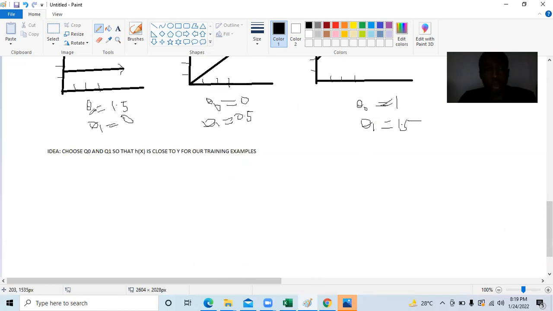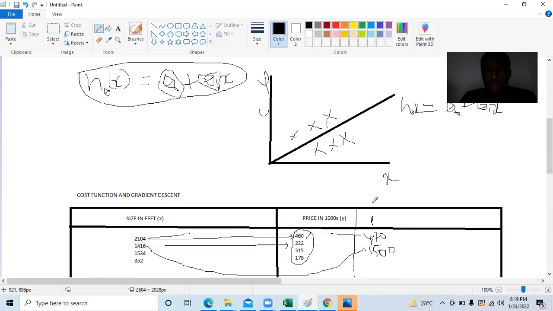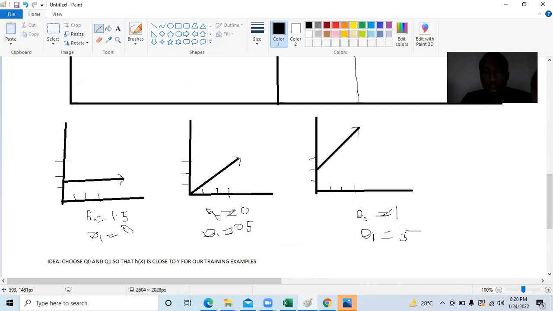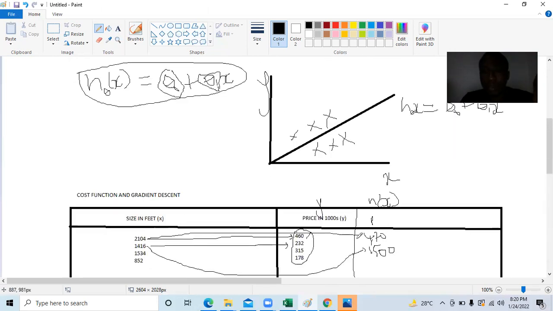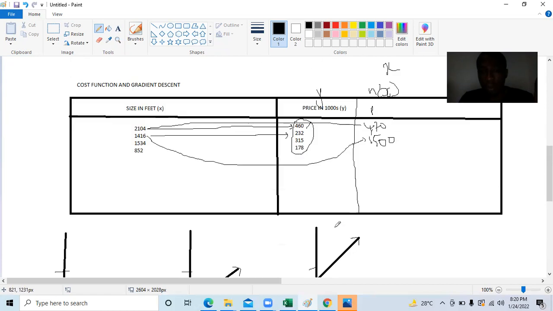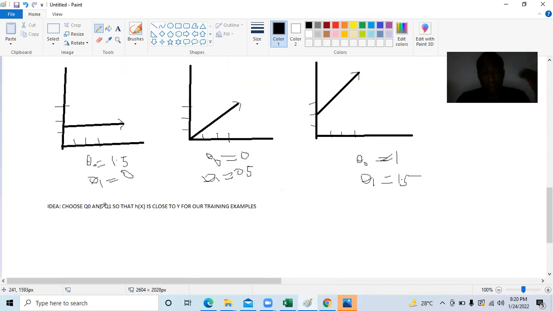So you want to choose theta 0 and theta 1 such that your h of x is close to y. This is our h of x, which is our predicted value, and this is our y, the value that we have in our data. We want h of x to be very close to the actual value, which is basically the idea of machine learning.